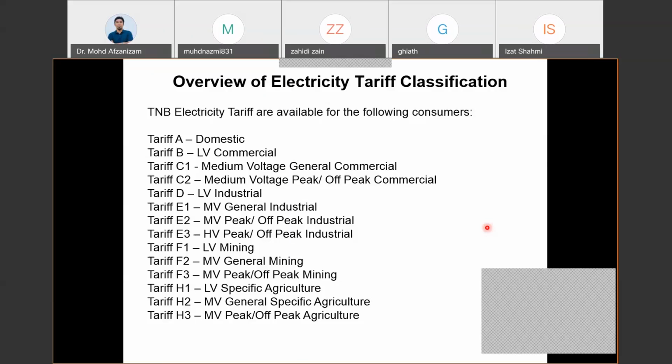If we are in the domestic sector, we should refer to tariff A. If we are going to, for example, industry, maybe we can go for the low voltage industry tariff. It depends on the range of utilization or energy demand for that particular company.